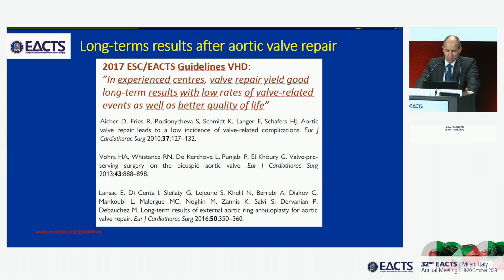We have Schaefer's group, the group from Brussels with Professor El Khoury, and Emmanuel in Paris. What we have said is that in experienced centers, valve repair yields good long-term results with low rates of valve-related events, as well as a better quality of life. So this is the published data, and this is what we based our guidelines on.